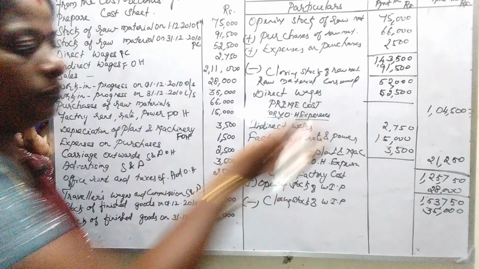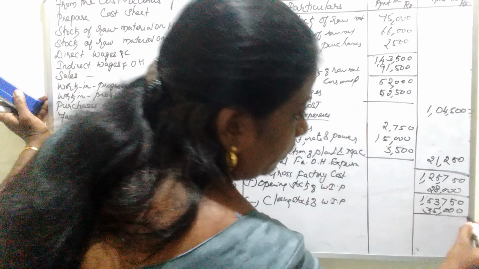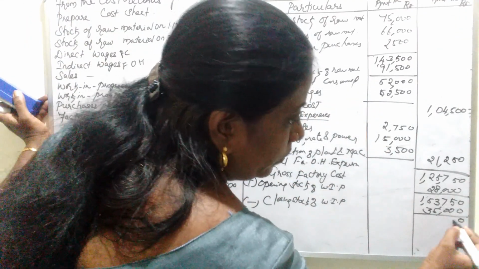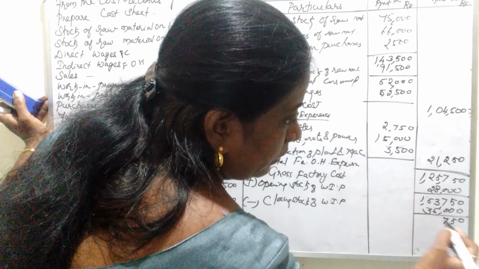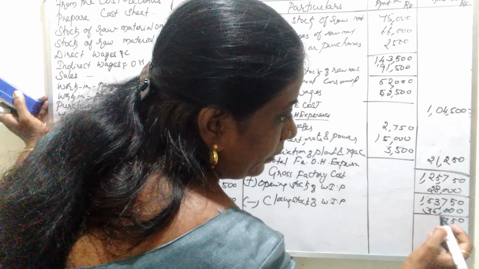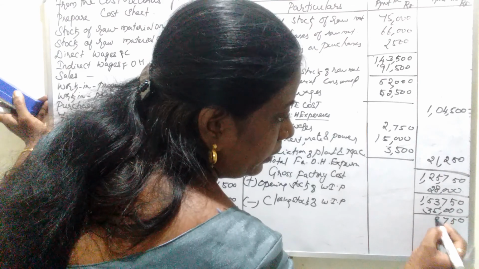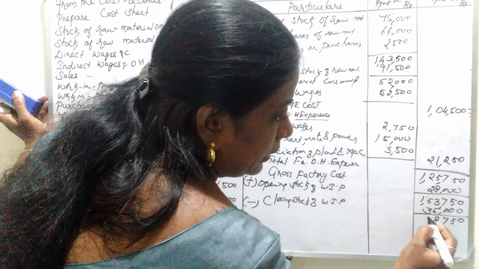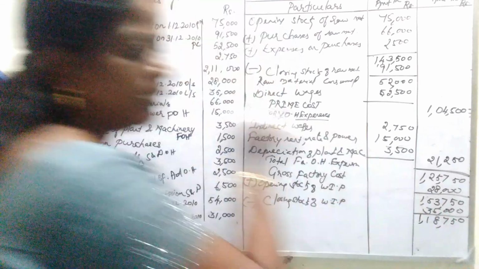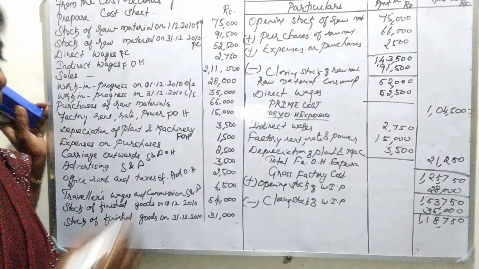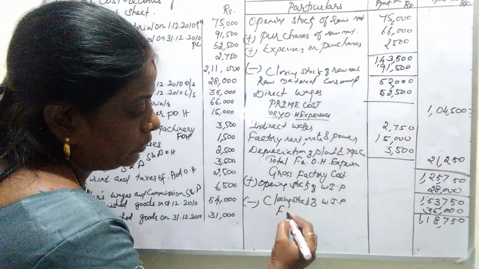Okay, got it? We have to deduct this: 1,53,750 minus 35,000, and 1,18,750 is the factory cost.